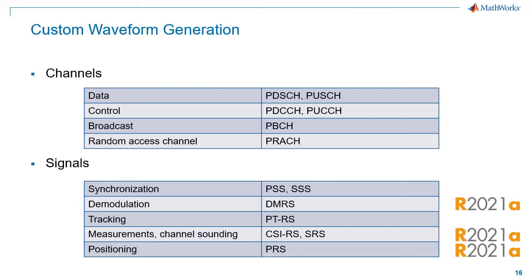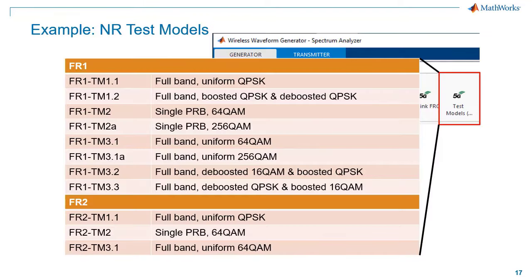All of those channels are available in 5G Toolbox, as well as all the signals: primary synchronization signal, secondary synchronization signal, and DMRS, the demodulation reference signal. Reference signals are pilots, used to send known data to make tracking, demodulation, positioning, and measurements easier. All those signals are available to you in 5G Toolbox.